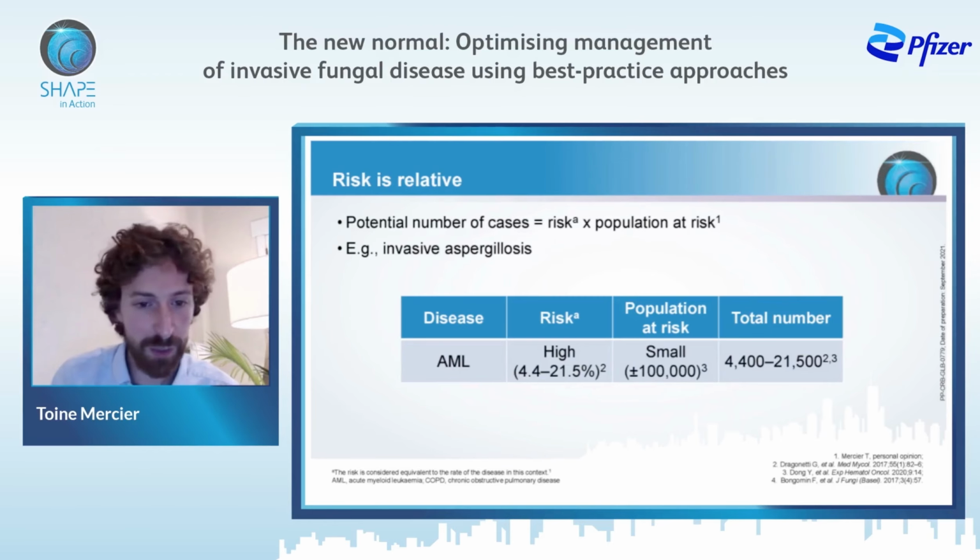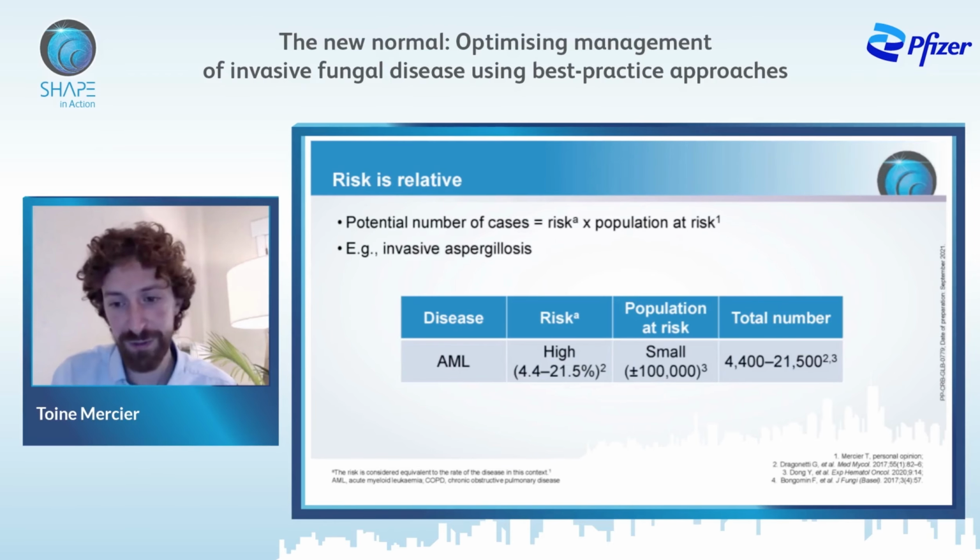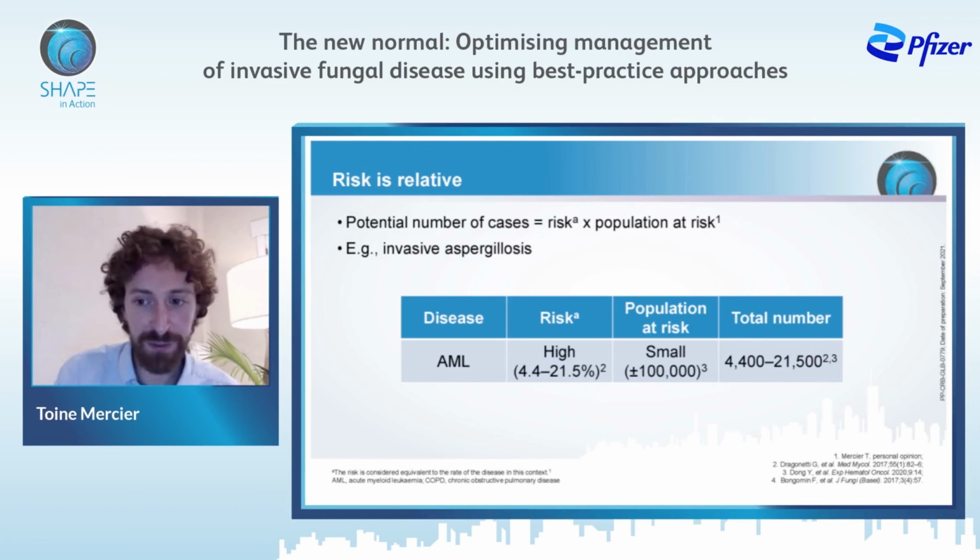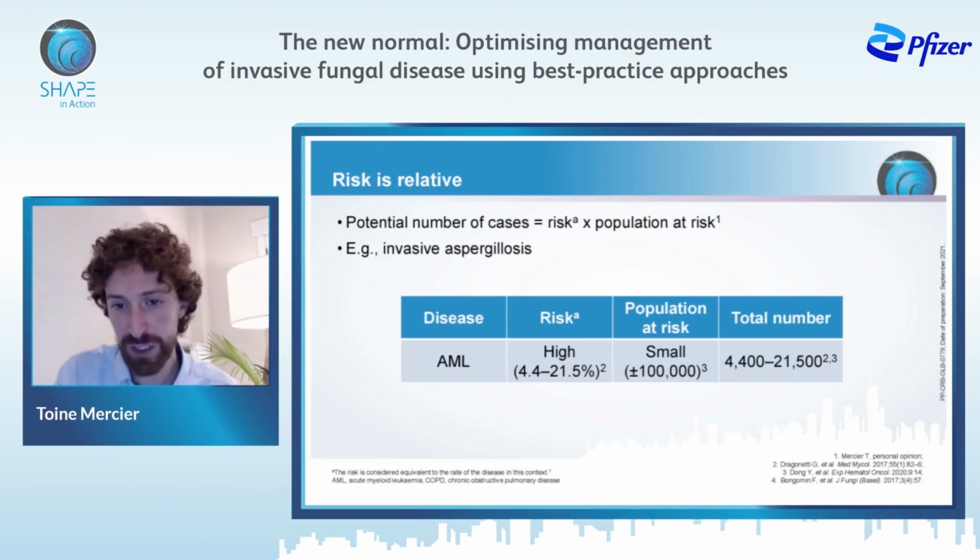For example, we always talk about acute leukemia for invasive aspergillosis, and they do have a high risk, between 5 to 20% based on local epidemiology. But worldwide, there are only about 100,000 cases every year of acute leukemia, which means we only have a few thousand patients with invasive aspergillosis in acute myeloid leukemia.